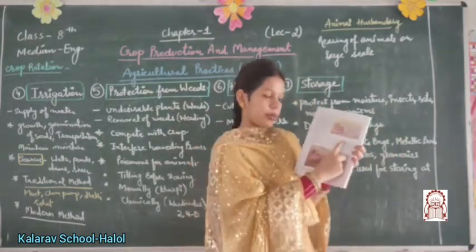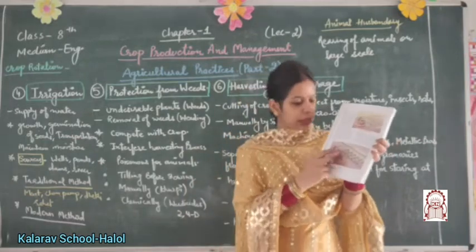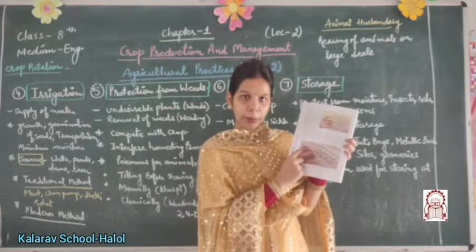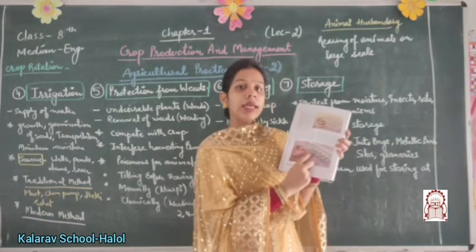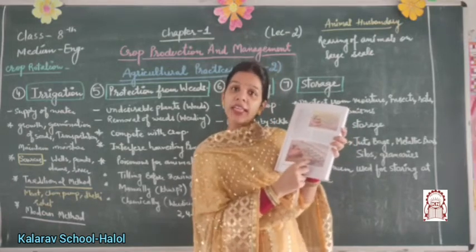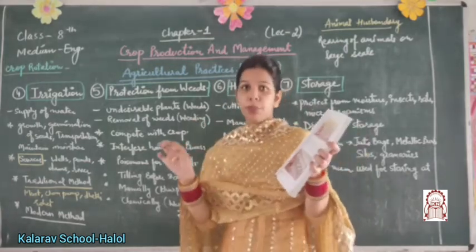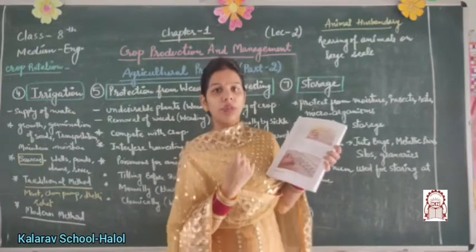Next is the drip system. In this system, similarly, a pipe is attached to the main pump, but there is a pipe which is attached to the root of the crops, so the water is directly supplied to the roots of the crops.